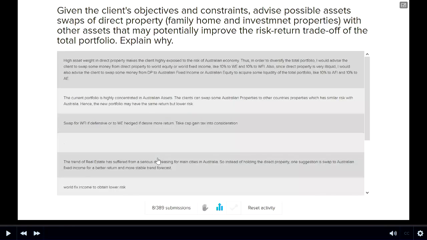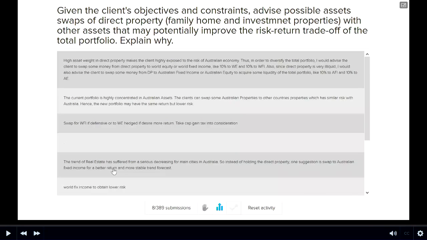You probably will have a better return and more stable trend forecast. I'm not quite sure what the trend forecast means here, but stable for a better return is going to be very questionable. The expected return of fixed income is over direct property. You can't write things so arbitrarily as a finance student and a future analyst in finance.